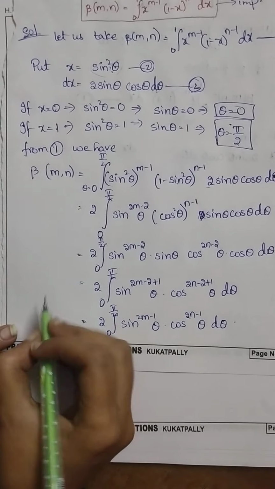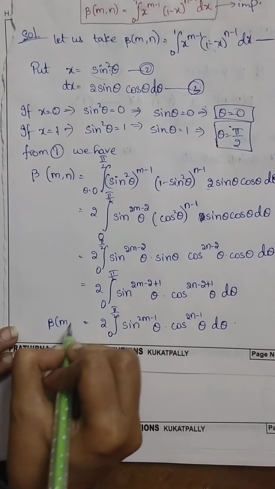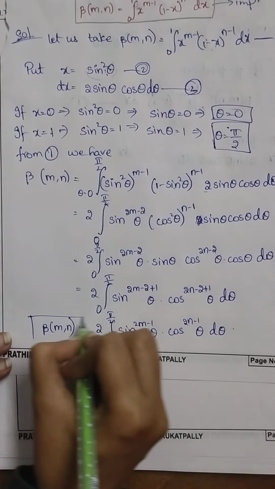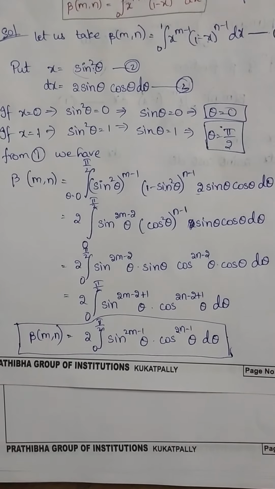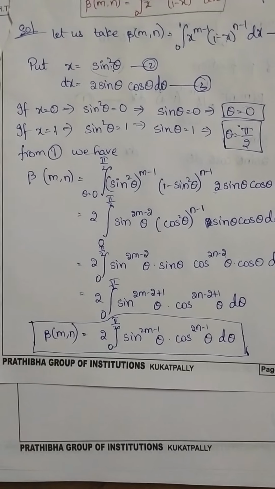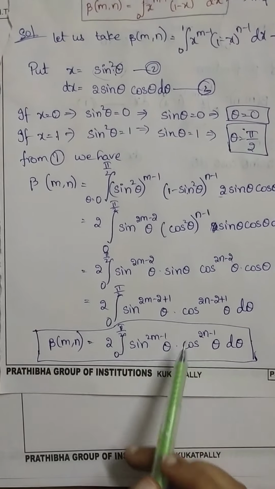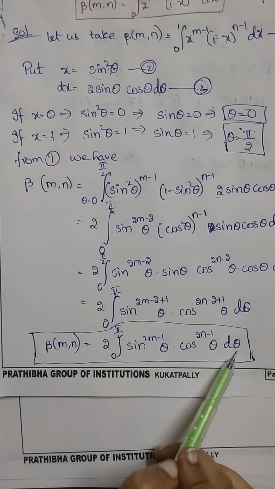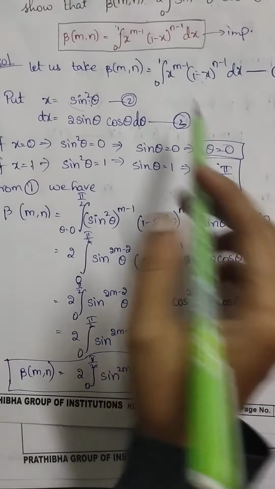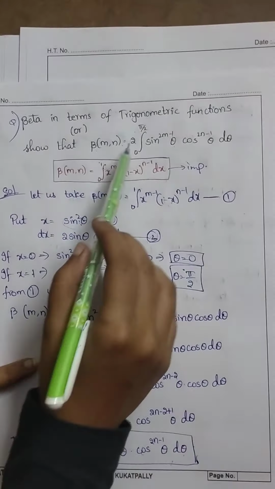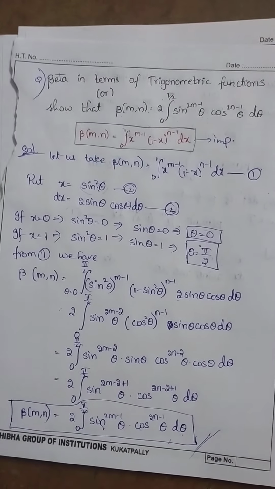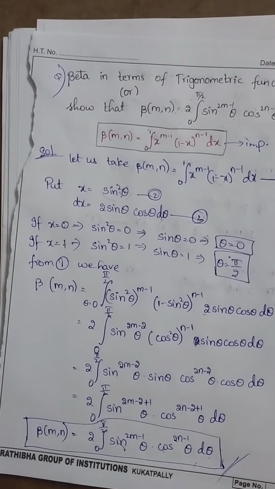Hence it is proved: beta of m comma n equals 2 into integral 0 to pi by 2 sin power 2m minus 1 theta into cos power 2n minus 1 theta d theta. So this is what we wanted. From this equation we proved the same value. So this is beta in terms of trigonometric function.